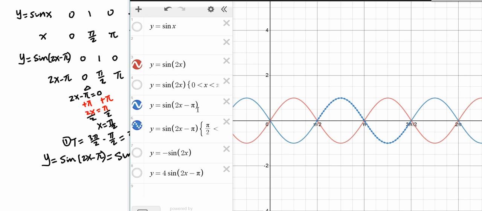Actually, you can see right here, if we forget about this one period, we just consider sine 2x. It looks like if you have sine 2x, you simply flip sine 2x, you put a negative in front of it. You'll get this one, which is identical to this one.